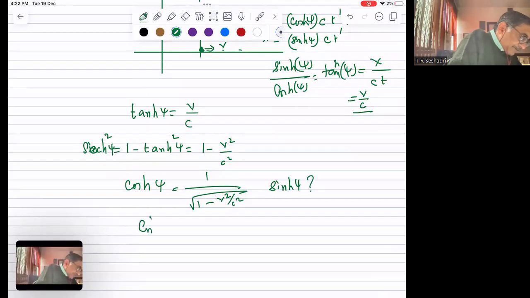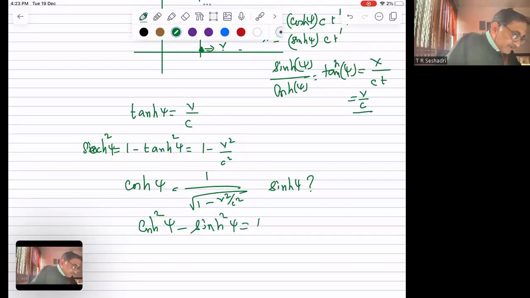Cos hyperbolic square psi minus sine hyperbolic square psi is equal to 1.